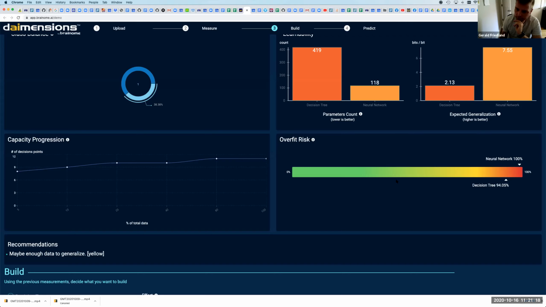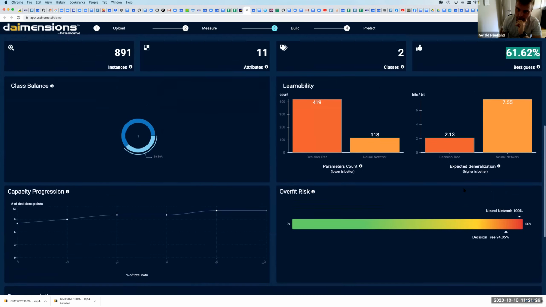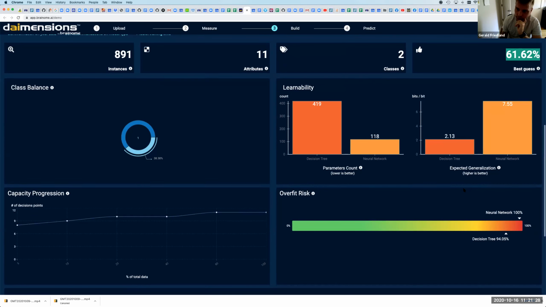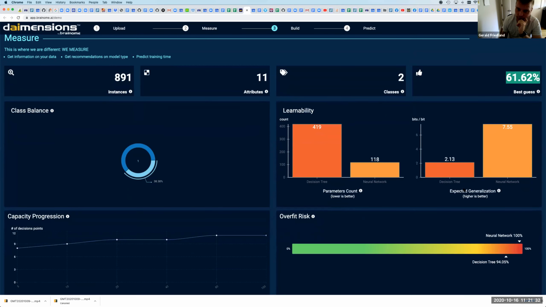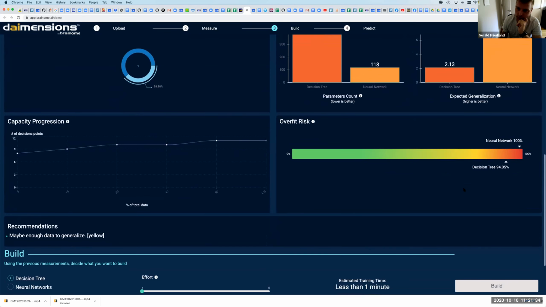Overfit risk is basically saying, given that we train a network and we're probably not always optimal, and we don't have a lot of instances, but we do have a lot of parameters, is there a high risk of overfitting? Given the learnability, it turns out that for a neural network there actually is 100%, you probably just overfit anyway. And for a decision tree, that's still pretty high.